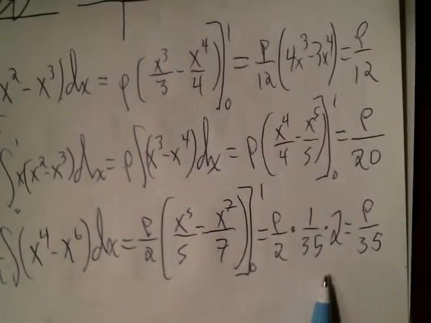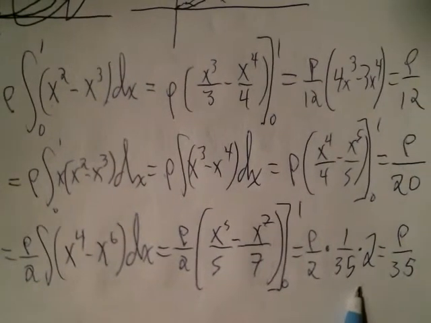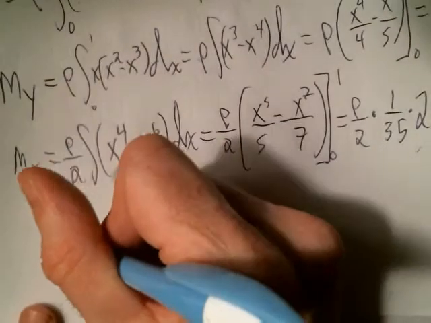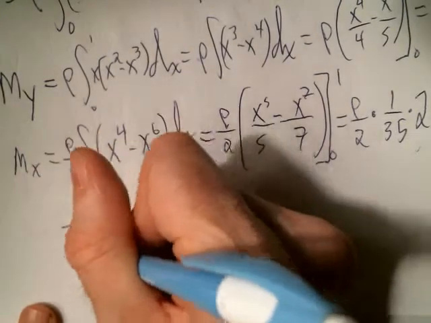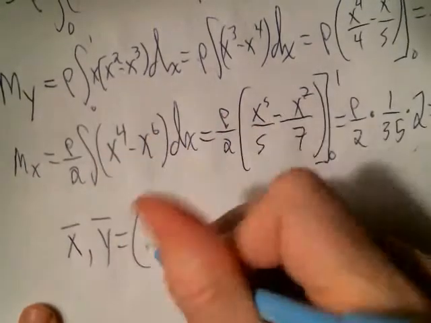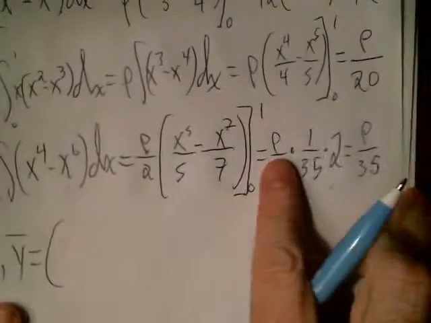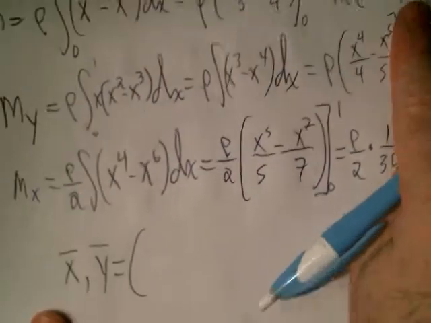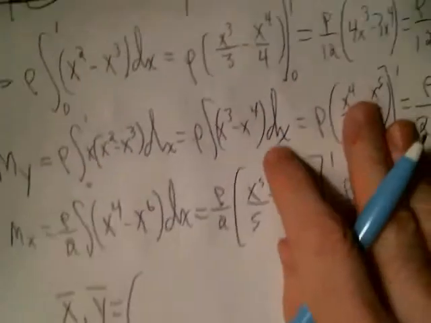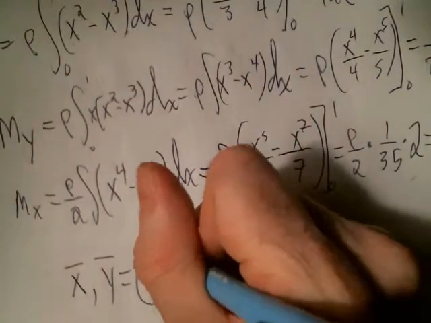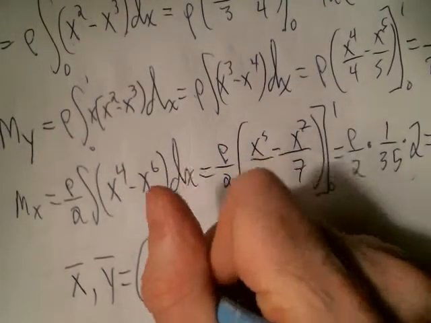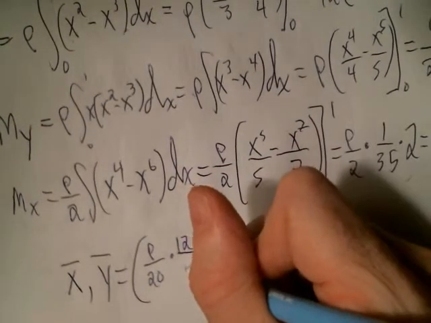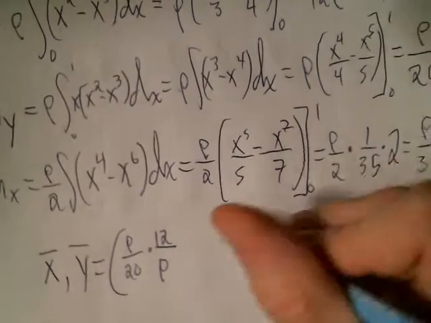All right, so at the end of the day, you want your center of balance. And so x bar comma y bar will equal the moment about the y-axis, rho over 20, divided by the area, or sorry, the volume. So rho over 20 times the reciprocal of the mass, which is going to be 12 over rho.